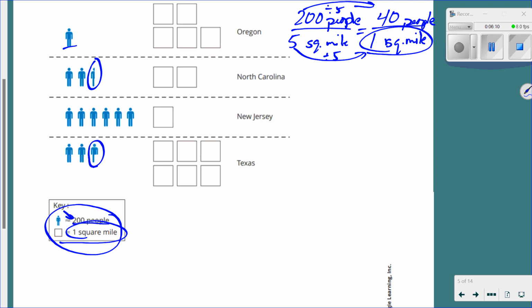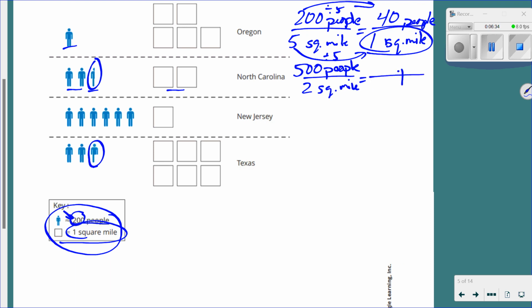So for all of these different ratios, our bottom line is we need to get to where we're comparing to 1 square mile. So we start with the information they gave us. In this case, I have 2 whole people, so that's 400, plus another half makes that 500. So 500 people. And we have 2 boxes, so that's 2 square miles.